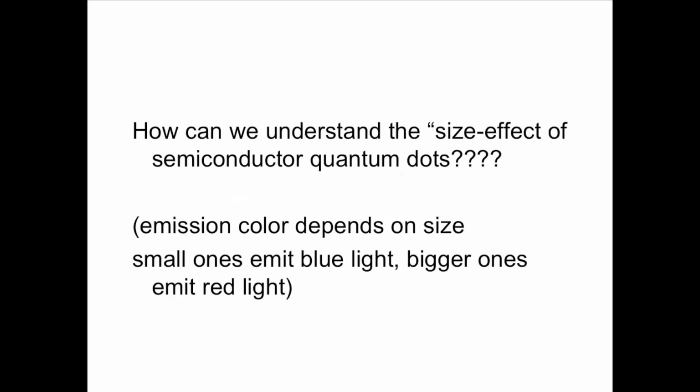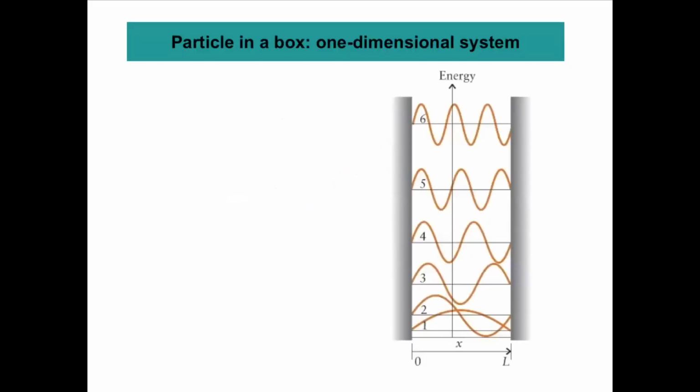The emission color depends on the size. Small ones are blue emitting, big ones are red emitting. The quantum dot is basically a quantum effect. You may remember from your first year of chemistry, a particle in a box, with wave functions fitting inside this box.